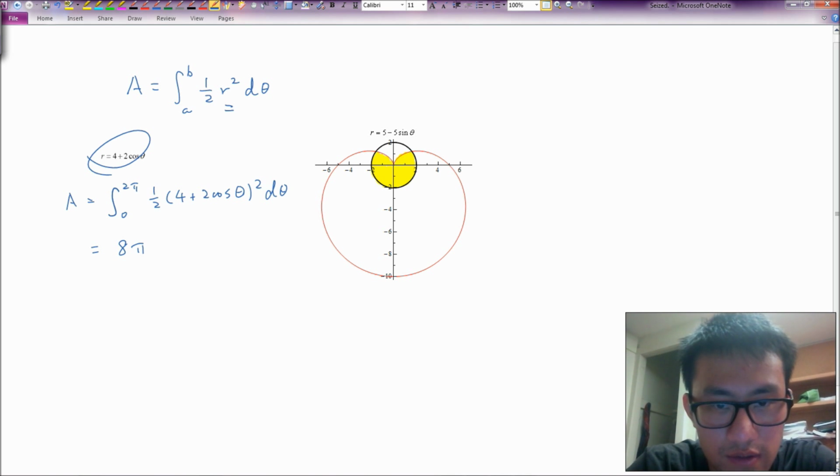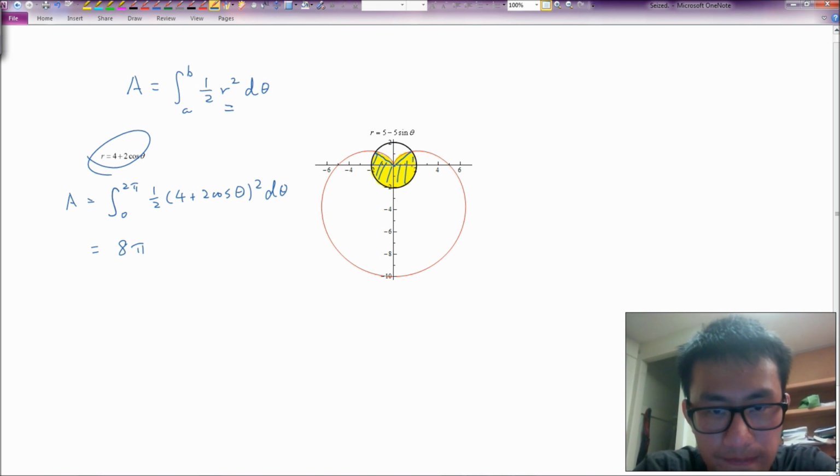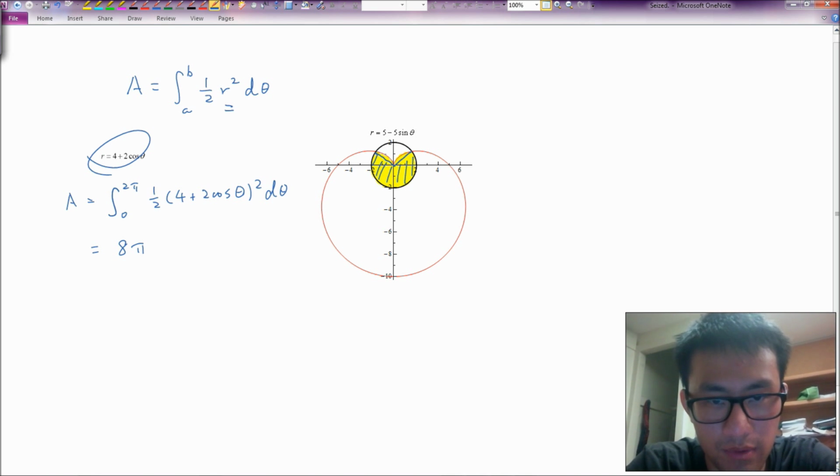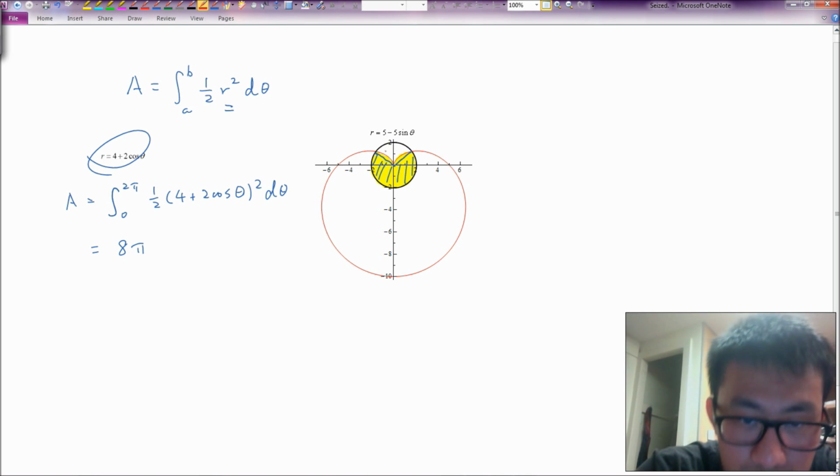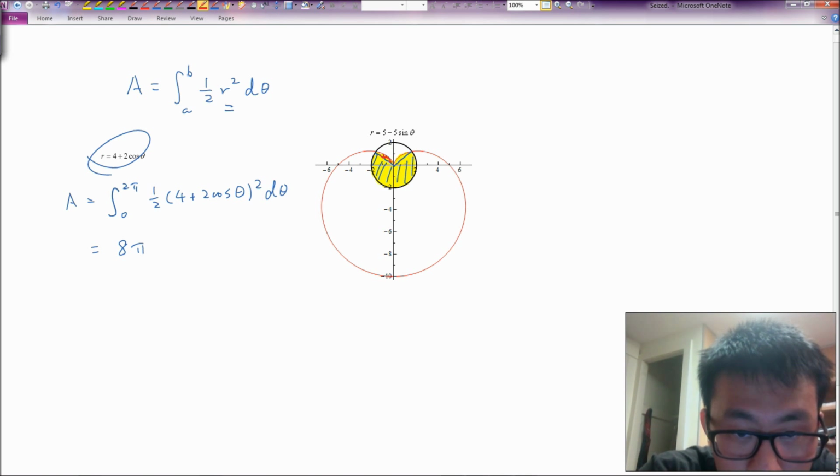One is formed by the circle, which is under here, this part, and the other part is, let me use the color, the red part.